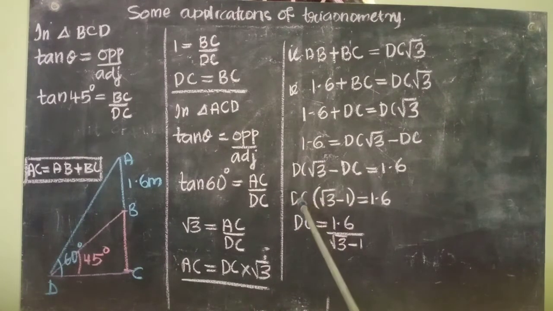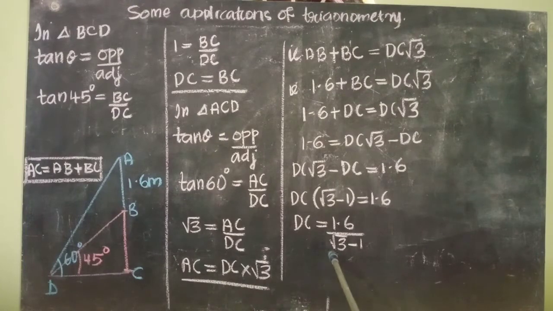We get DC into root 3 minus 1 equal to 1.6. We can take this root 3 minus 1 to right side. Here in the left side it is multiplying with the DC. The right side we should have to divide it. So we get DC equal to 1.6 divided by root 3 minus 1.